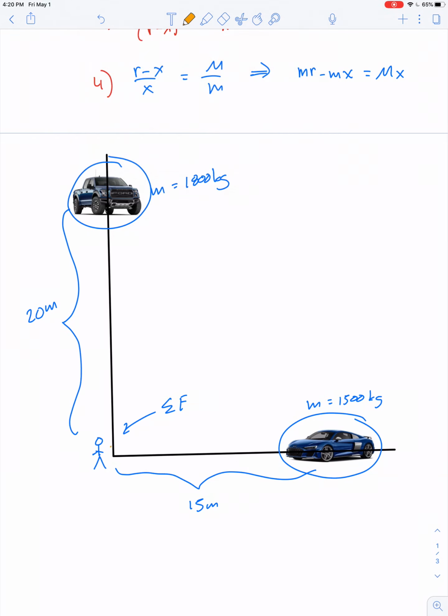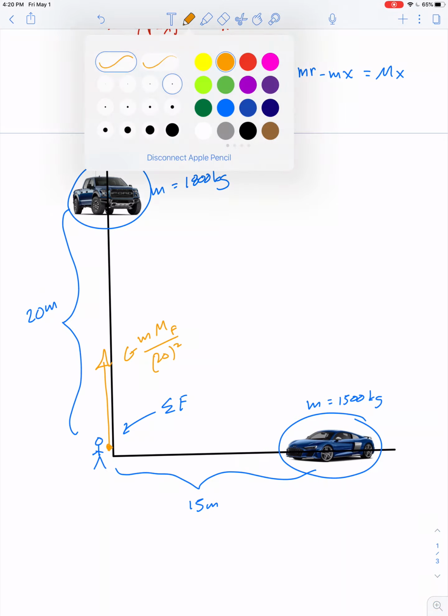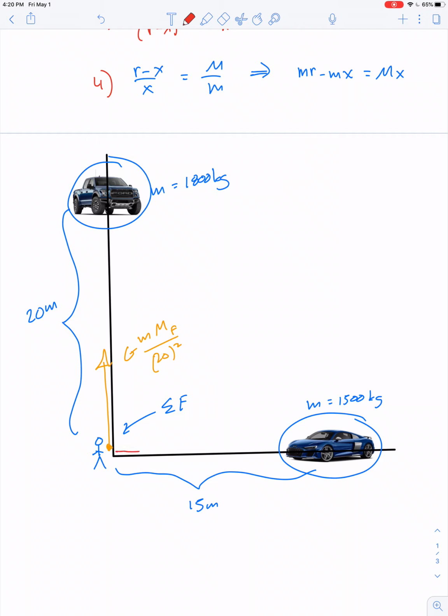So there's one force vector acting on you that pulls directly to the north, and that would be a value of G times your mass times the mass of the Ford divided by 20 squared. And then there's another force, the attraction between you and the Audi, and that force would be G times your mass times the mass of the Audi divided by 15 squared.